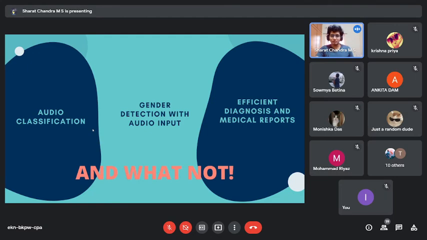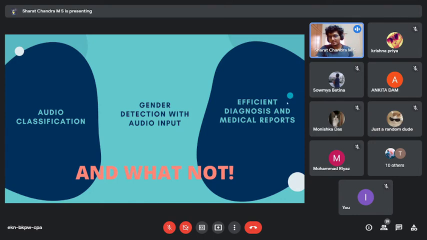But now, if you put all these things into one system, then the supercomputer is very close. Gender detection with audio input. Even this, your audio can be divided into segments and then analyzed on whether it is a male audio or female audio. So that can be done with a computer. That is a cool thing too.